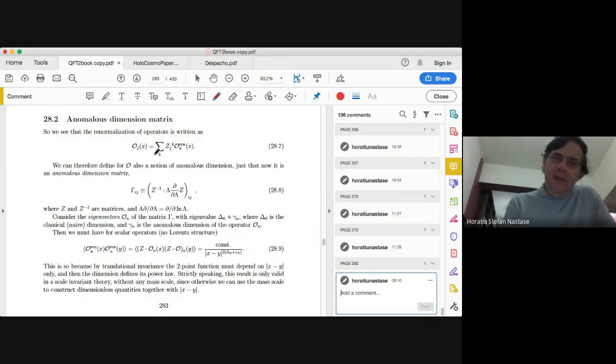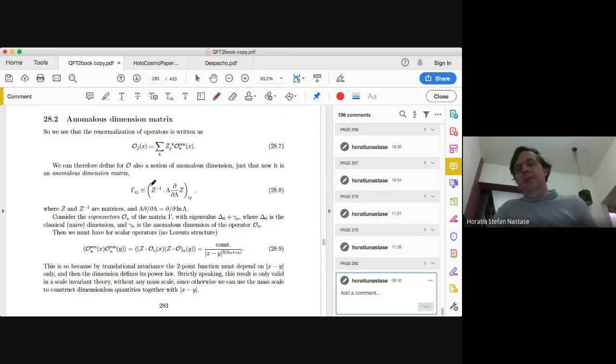Now, similarly, with this renormalization factor matrix for the operator, there is a notion of an anomalous dimension, just that now it's an anomalous dimension matrix with the same indices, right?